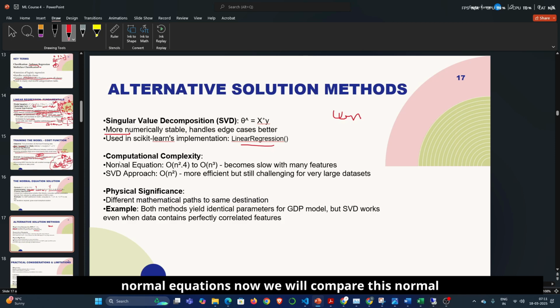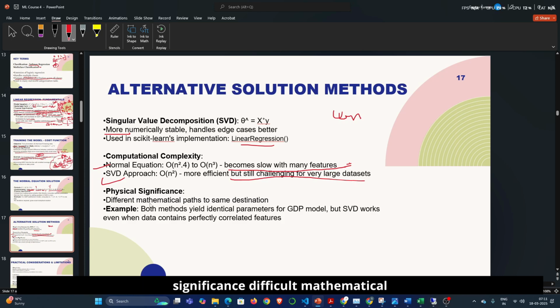Normal equations. Now we will compare these normal equations and the SVD approach, and we can see that normal equations become slow with many features, because we are solving the equation in one step. As the features increase, it becomes slow. SVD is more efficient but still challenging for very large data sets.